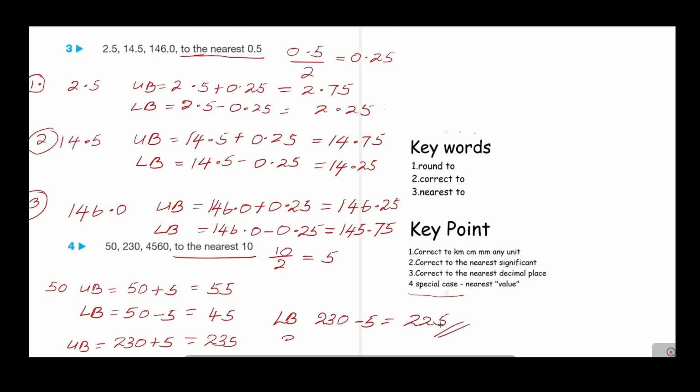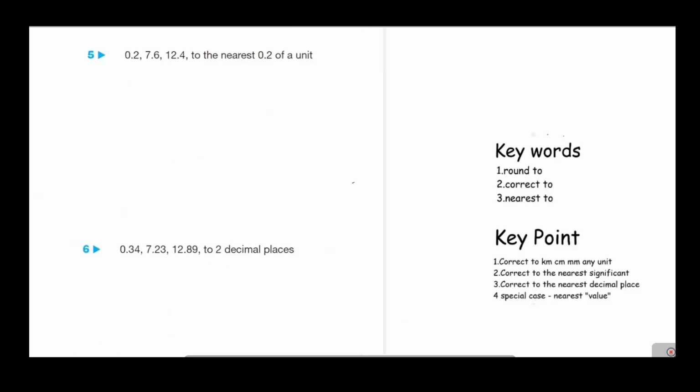That's how we apply the key point of the special case when we don't have significant figures, decimal places, centimeters, kilometers, nothing but just a value. This is the way how we do it. Let's do this question. This is also under the same key point, which is under special case.